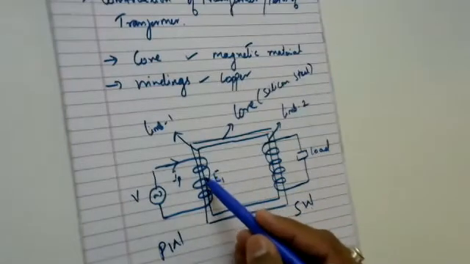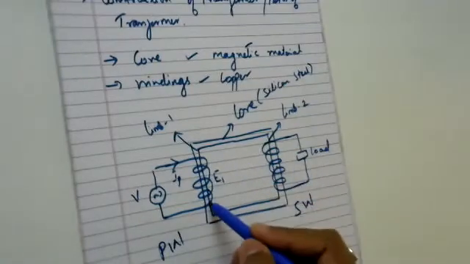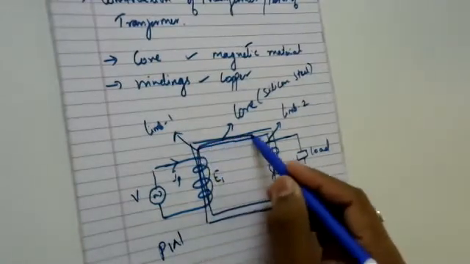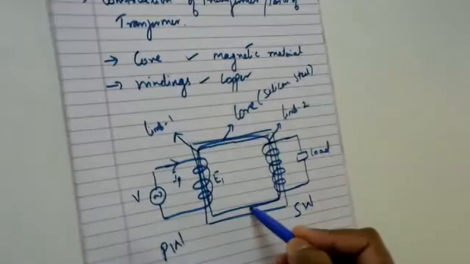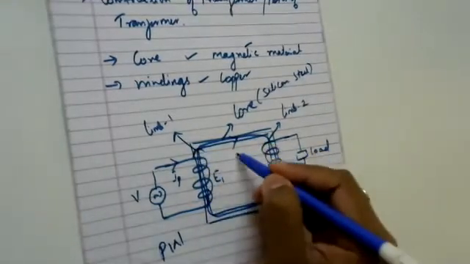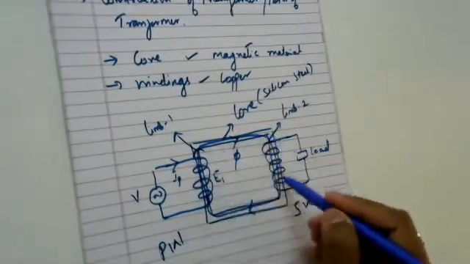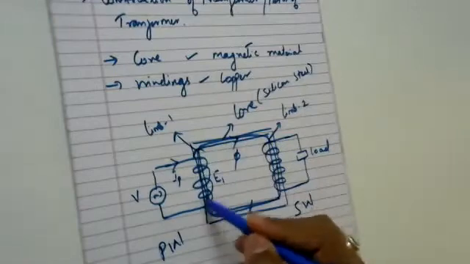And when this flux links from the primary winding to the secondary winding via the core, this is the magnetic path in which the flux is going to move. So this is your flux phi.